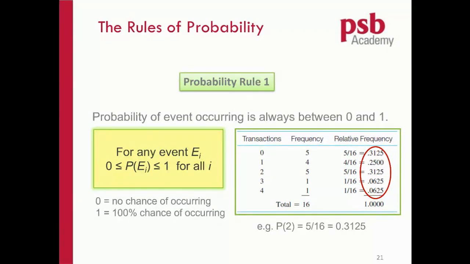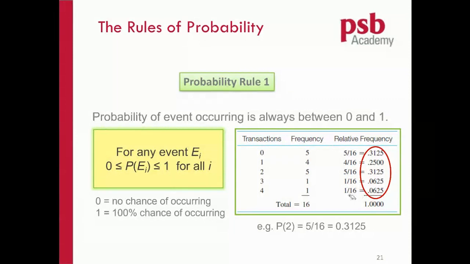The first rule says when you calculate any probability, the answer must always be between 0 and 1. This is what I told you at the very first slide, right? So you see all the numbers here. Are they between 0 and 1? 5 over 16, 0 point something. 4 over 16, 0 point something.